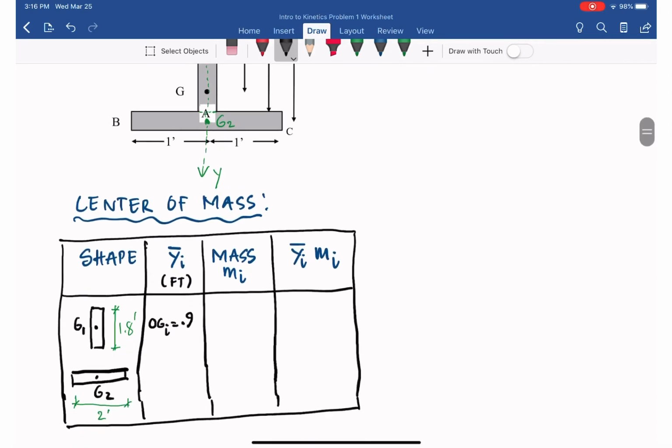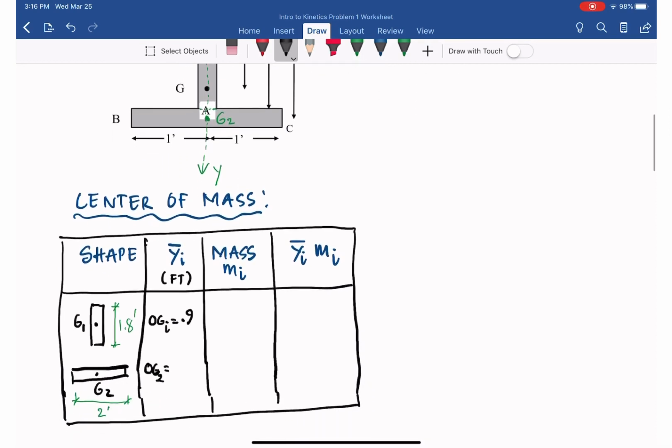So from the origin to the center of mass of each standard shape, it will be 2 feet.